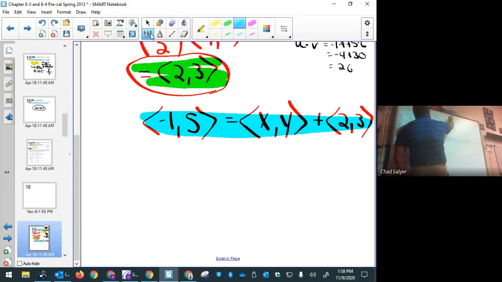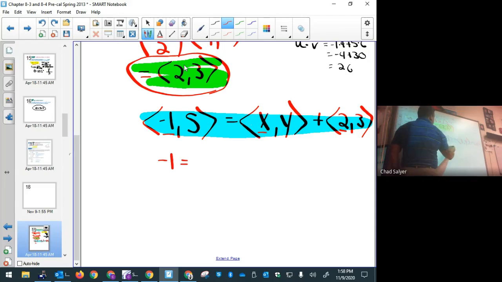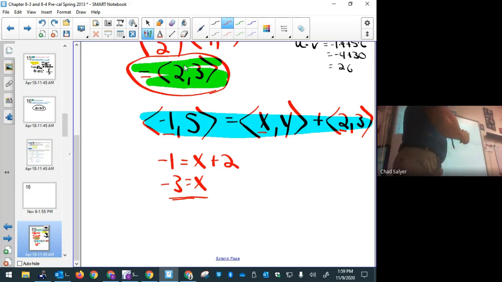Okay, so how can we figure this out? Well, if we take these x components, I know negative 1 equals the x component of our vector in question plus 2. If I subtract 2 from each side, I see its x component is negative 3.